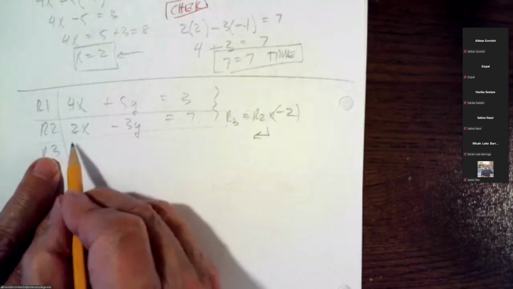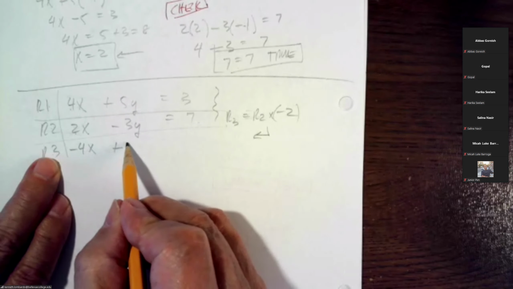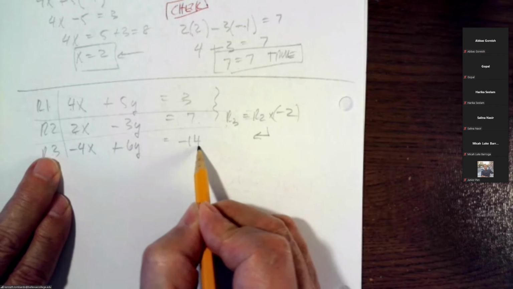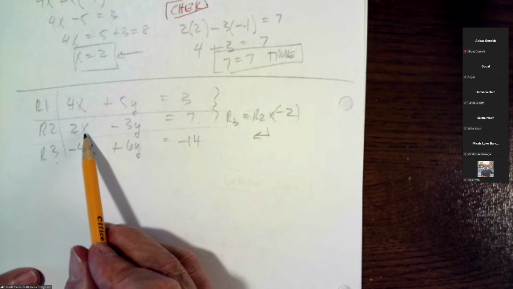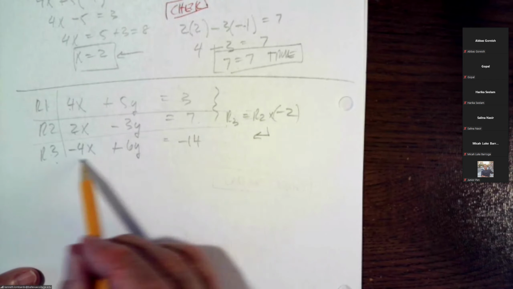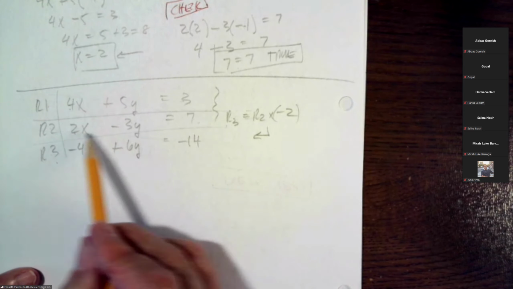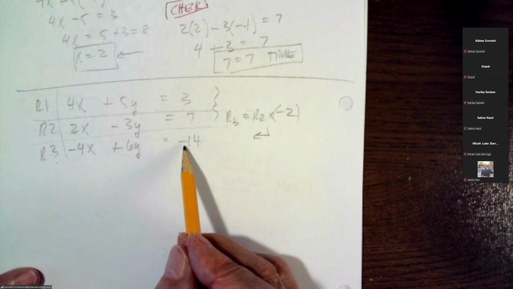So when I do that, I get -4x, and here is +6y, and here is -14. Haven't changed the equation because I multiplied everything through. Just like when we simplify, we divide through and reduce things. Here we're just multiplying through to change what the leading values are here.